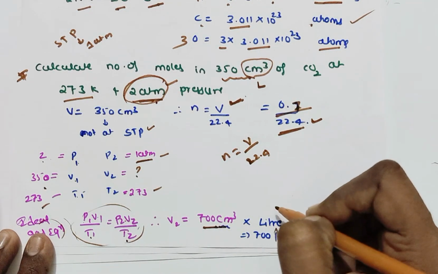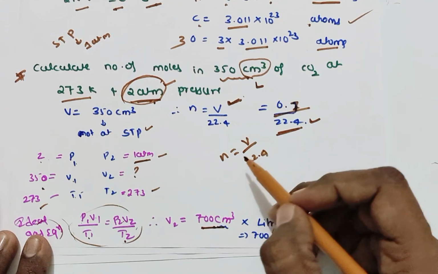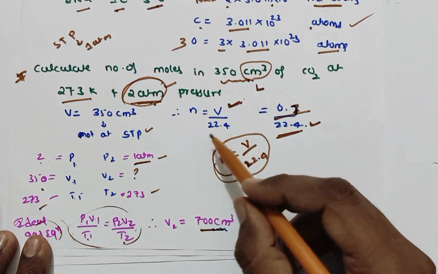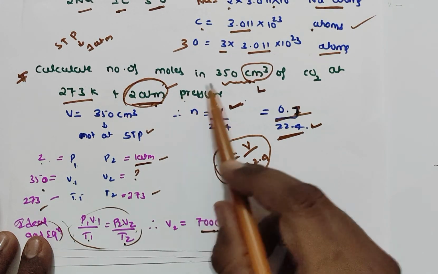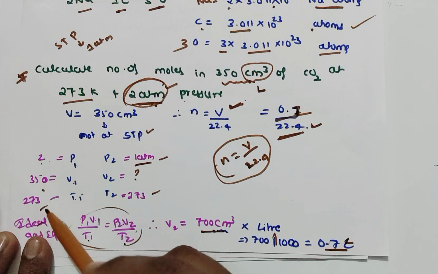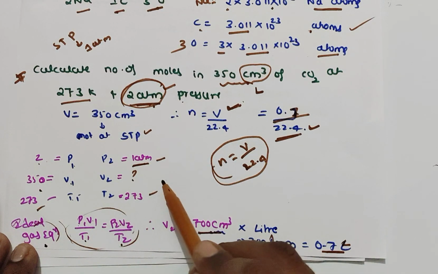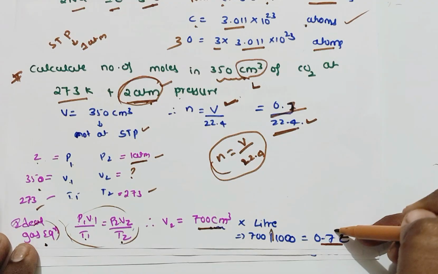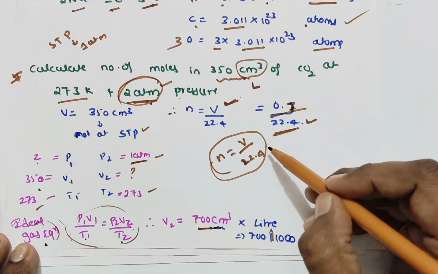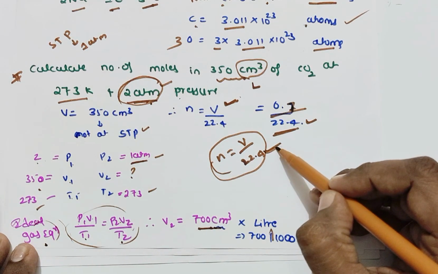If the gas is given, we use this formula. But this gas is not at STP, therefore by using the ideal gas equation, first we convert it to STP. We get 0.7 liter. Finally, we calculate moles. Is this clear to everyone?